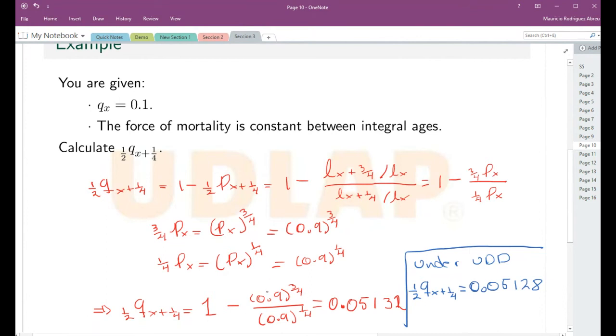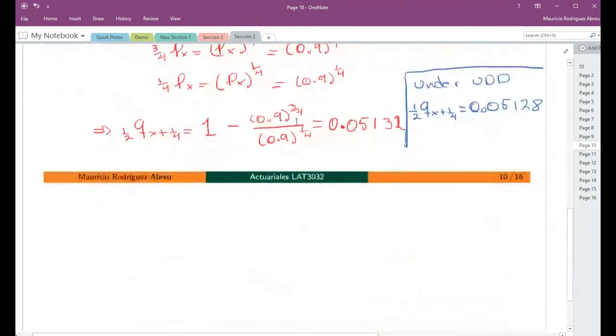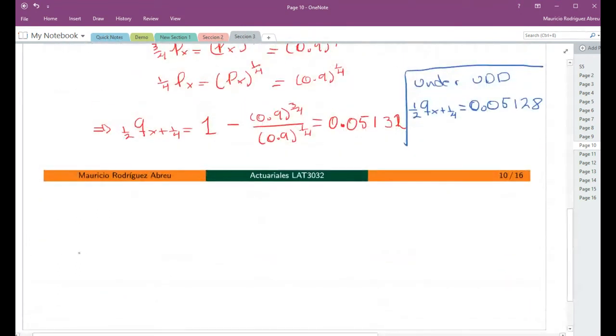One thing to remember is that uniform distribution of debts is associated with the value of the probability of debt. I can write it down here. Uniform distribution of debts means that this is this, okay?